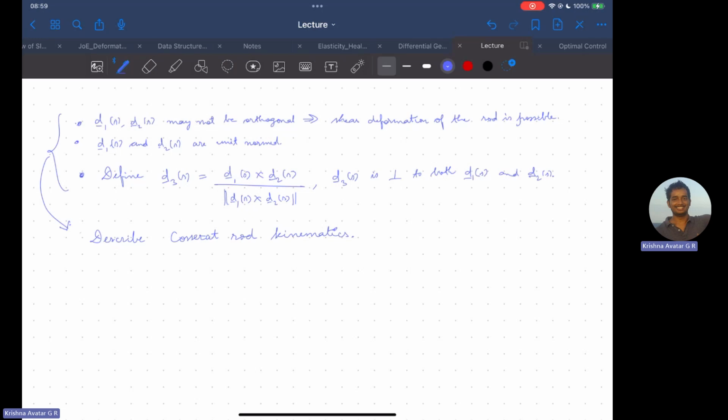So far, so good. So we understand what Cosserat rod kinematics mean, right? So this is the kinematics part of a Cosserat rod.